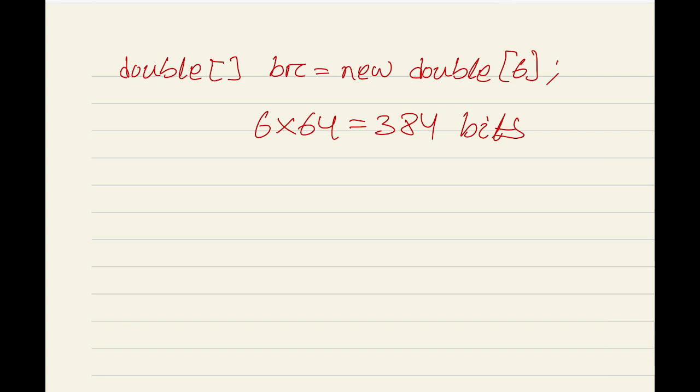So the array size must be given when the array is created, or when we allocate the space in memory for the array. So the array size specifies the number of elements that can be stored in the array. So here it is given 6, and the size of the array cannot be changed after the array is created. So the size of the array is fixed. So I am writing the same thing here.